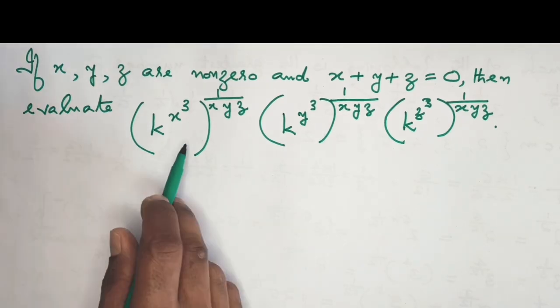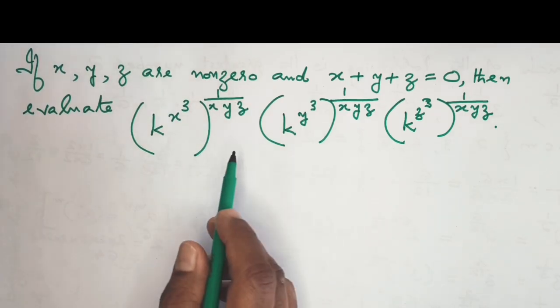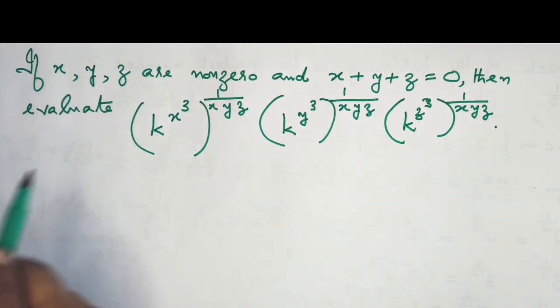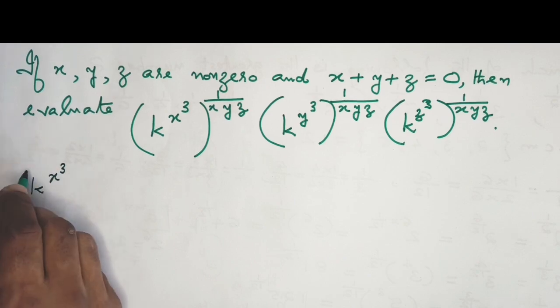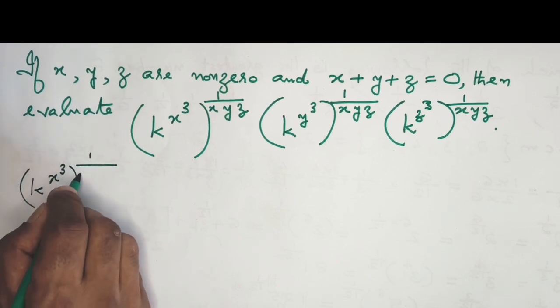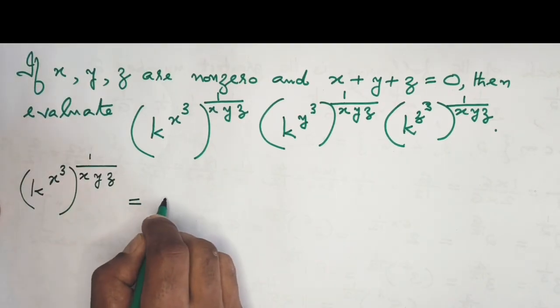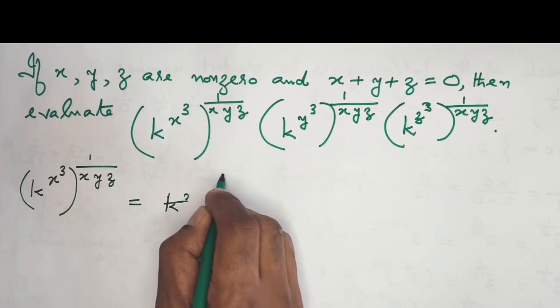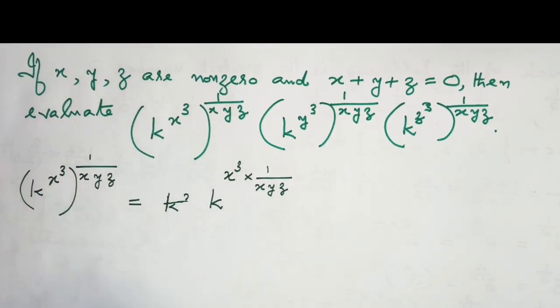To begin with, let me take the first term of the algebraic expression for simplification. There are three terms. The first one is k to the power of x cubed, the whole raised to 1 over xyz. This equals k to the power of x cubed multiplied by 1 over xyz.